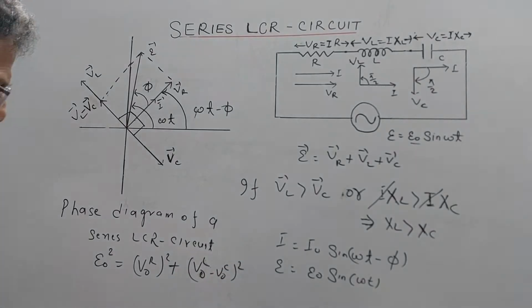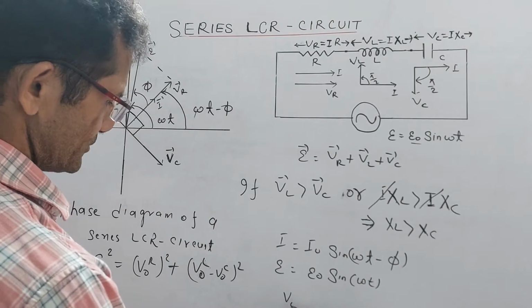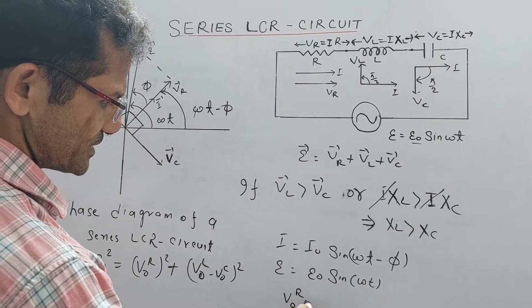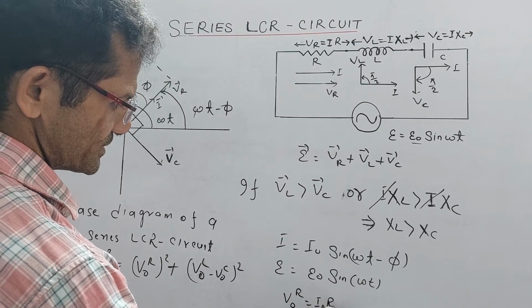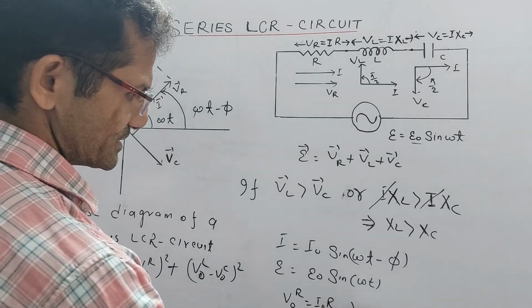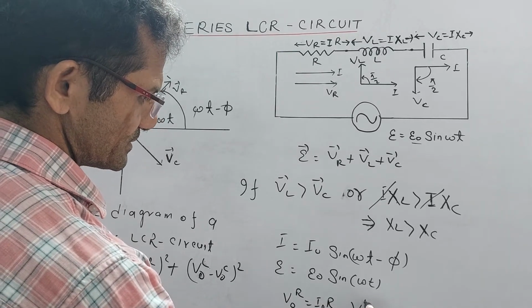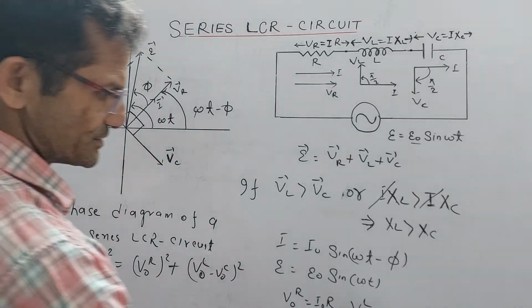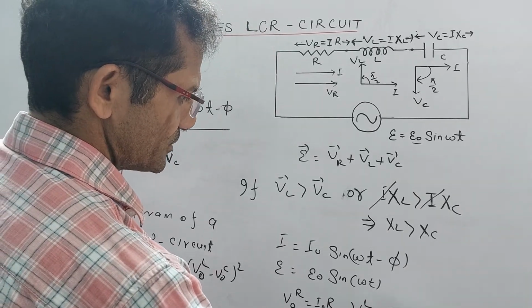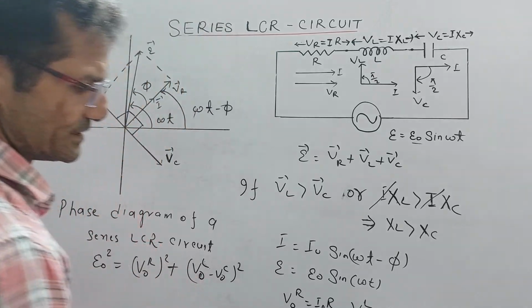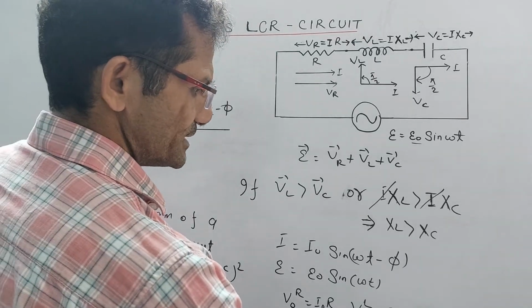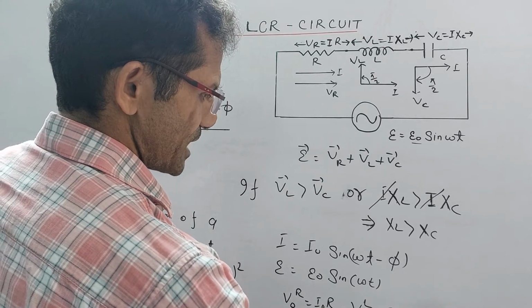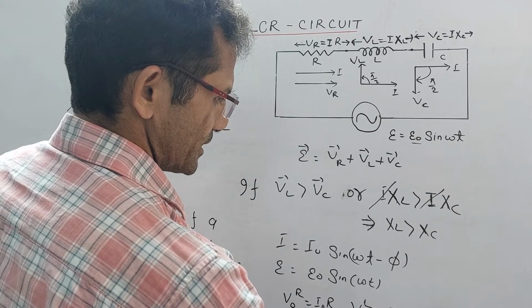Now using this expression, V naught R is equal to the maximum value of the current into R, and similarly V naught L, the voltage amplitude across the inductor, is equal to I naught XL, and the voltage amplitude across the capacitor is equal to I naught XC.